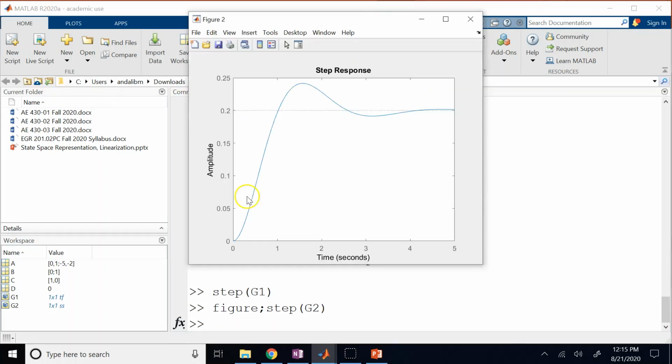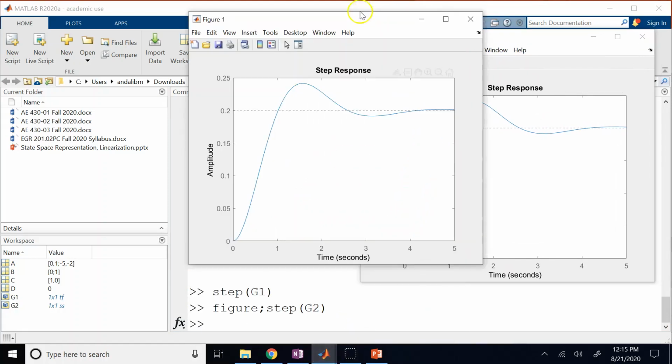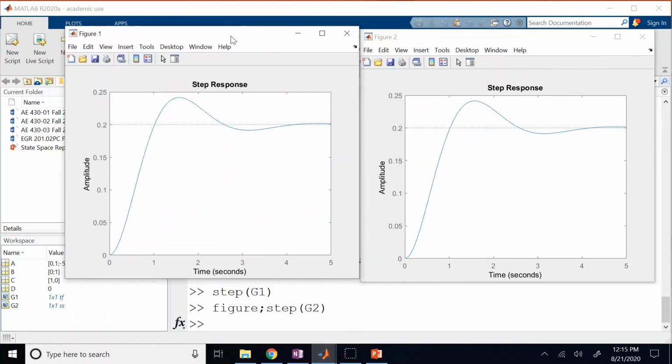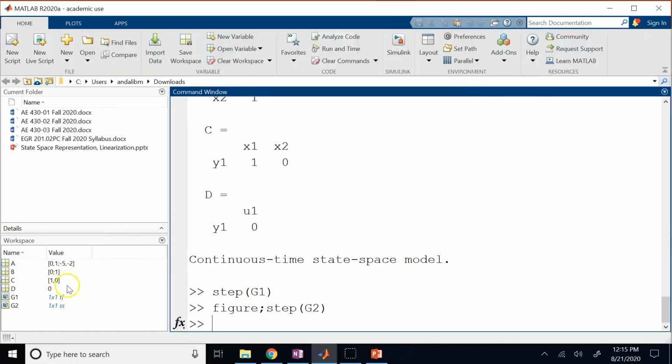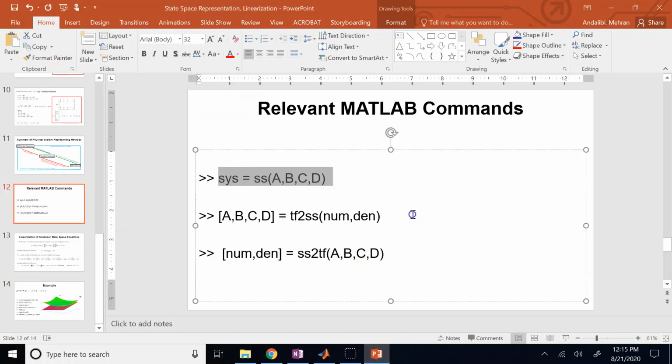Let's see. What do you say? Identical, right? Yes, it is, because they are the same system. It doesn't matter if I define my system using matrices A, B, C, D, or using a transfer function. The response is going to be the same because they are the same system.